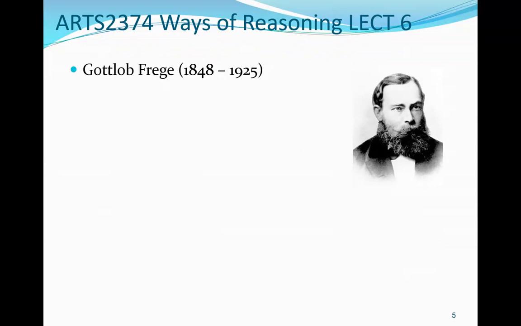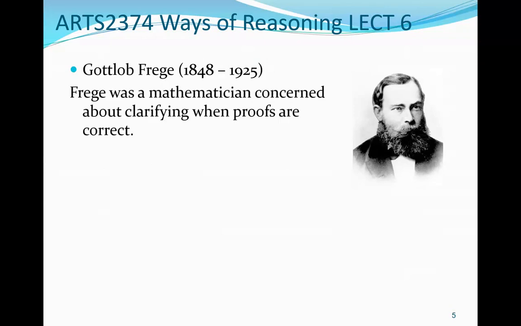This is Gottlob Frege. This is him as a young man. He was a 19th century and early 20th century mathematician and philosopher, and he was forced into doing philosophy in a way by problems that he had as a mathematician of trying to clarify when proofs are actually correct.